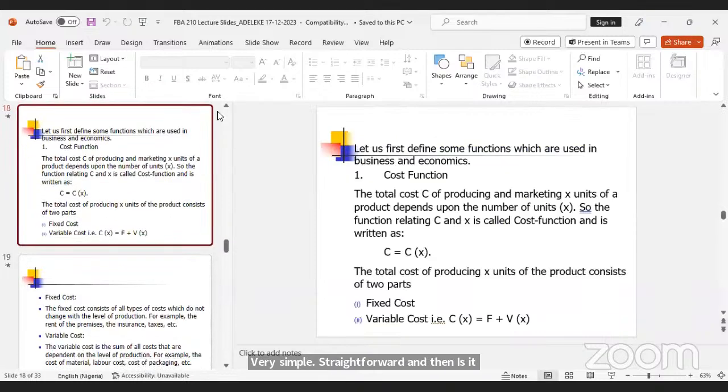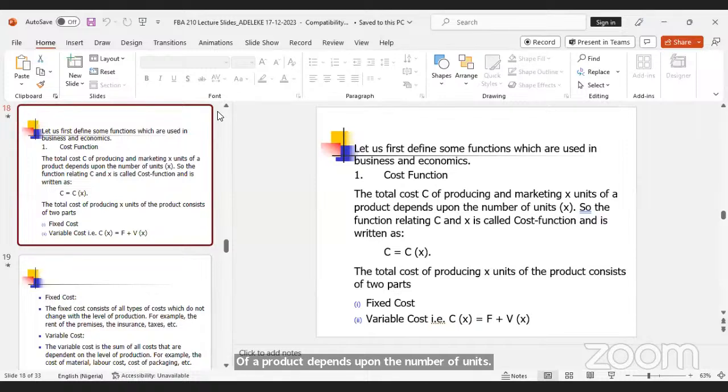Now let's look at what we have on the screen. You have the cost function. Assuming we have the cost function C, the total cost C of producing and marketing X units of a product depends upon the number of units.